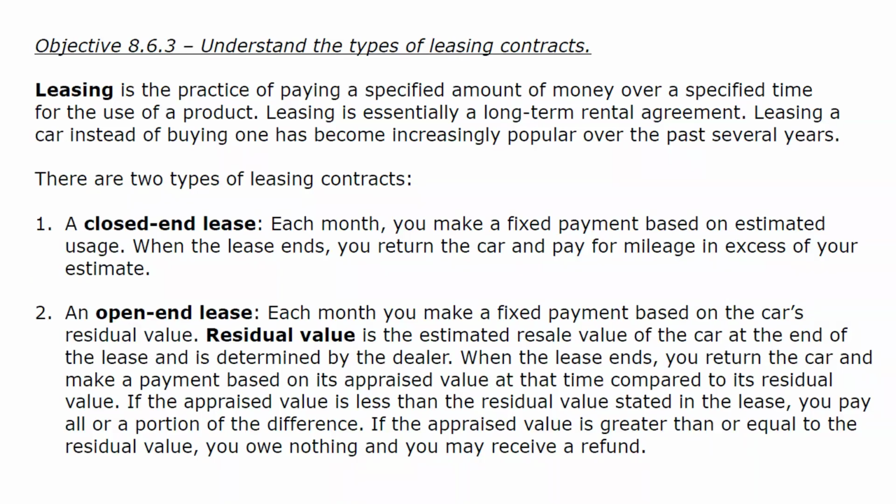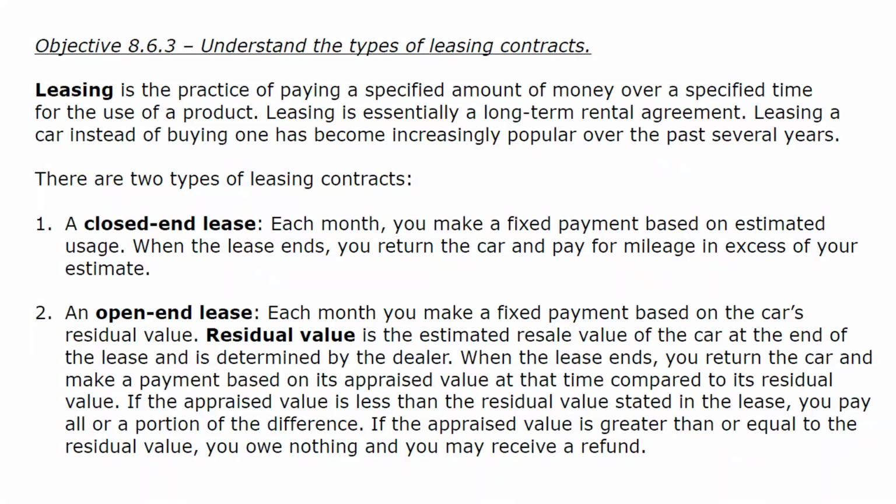2 is an open-end lease. In this case, each month you make a fixed payment based on the car's residual value. So residual value is the estimated resale value of the car at the end of the lease and is determined by the dealer. When the lease ends, you return the car and make a payment based on its appraised value at that time compared to its residual value.